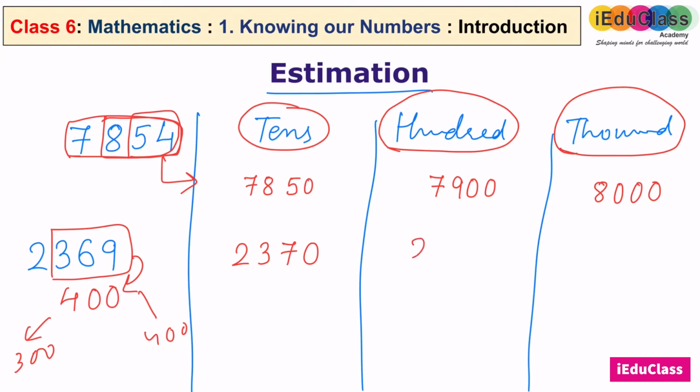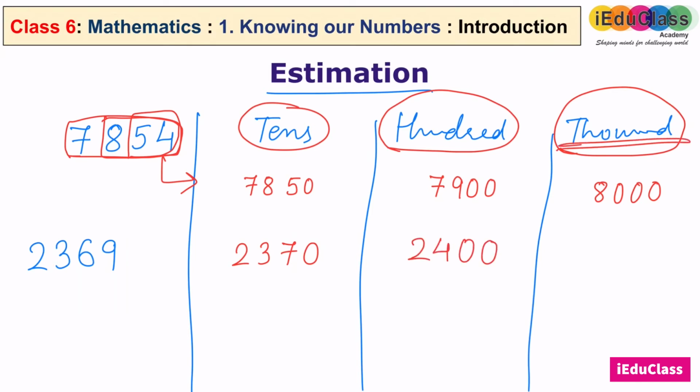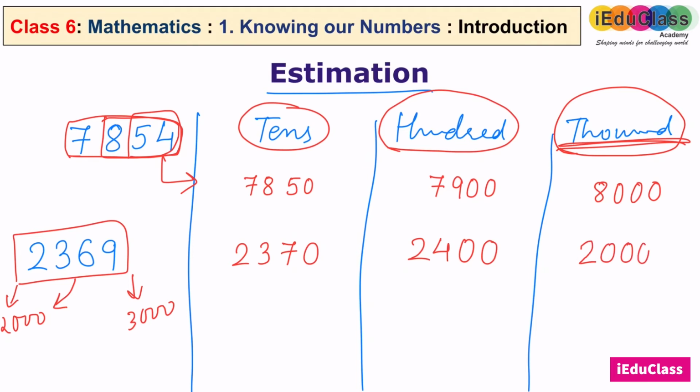So you have to write 2400. Next is nearest to 1000, the entire four-digit number 2369, that comes between 2000 and 3000. It is nearest to 2000 because 2300 is very near to 2000. So 2000 is the nearest estimation.